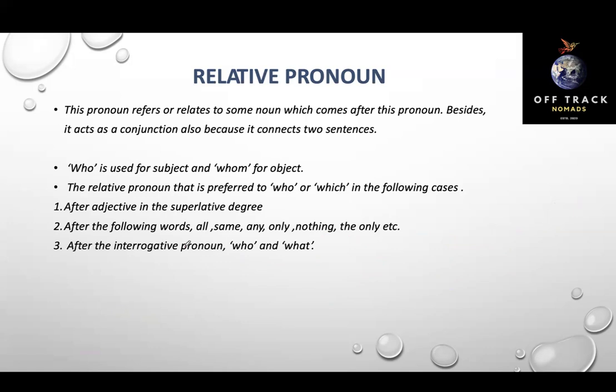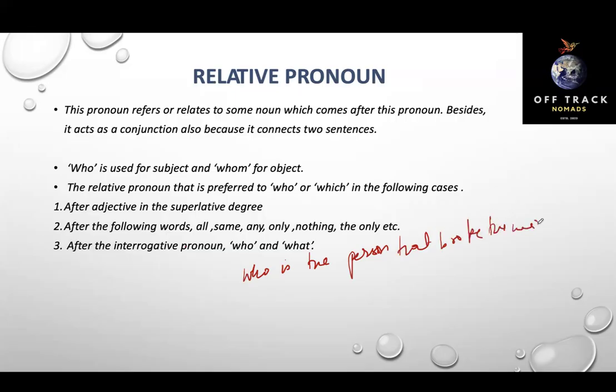Next is after the interrogative pronouns who and what. So after the interrogative pronoun who and what, we can use that. For example, who is the person that broke the window?